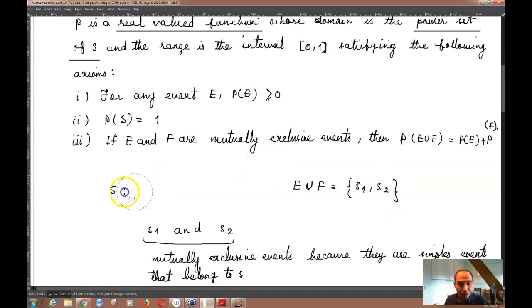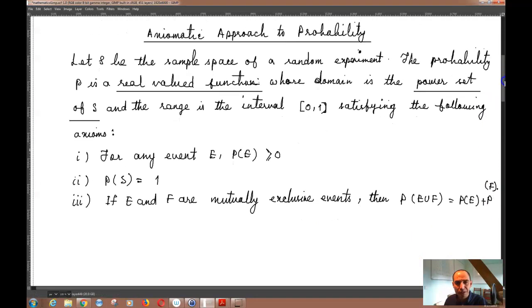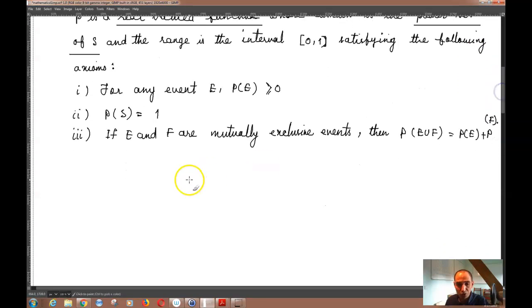Now, from all of this discussion, there are a few things that we need to first understand. It says that the probability P is a real valued function. For the sake of simplicity, when they say a real valued function, you can just imagine the notion of a function that you understand: f of x equals some relationship, some mapping from some domain to some range.